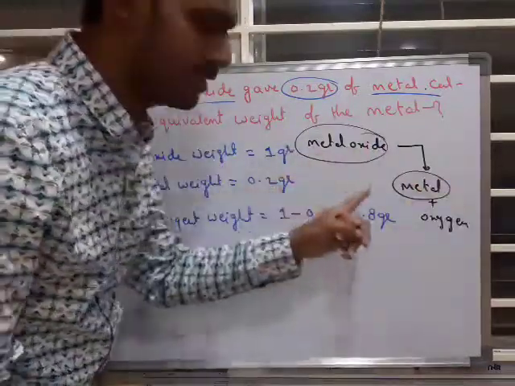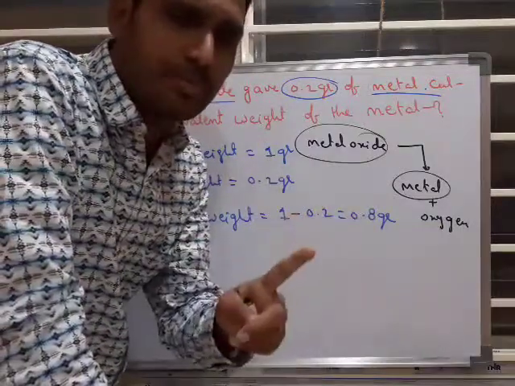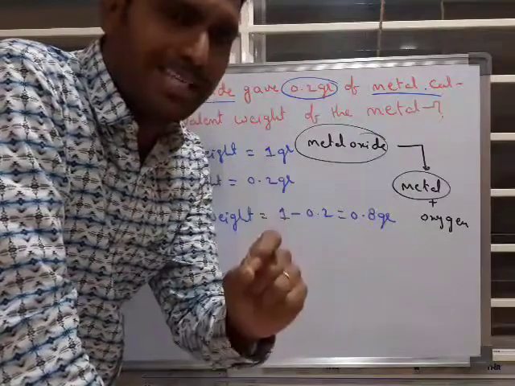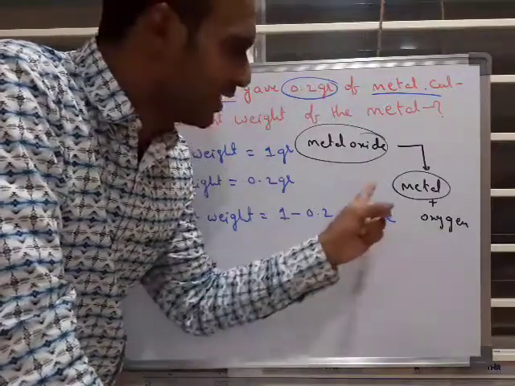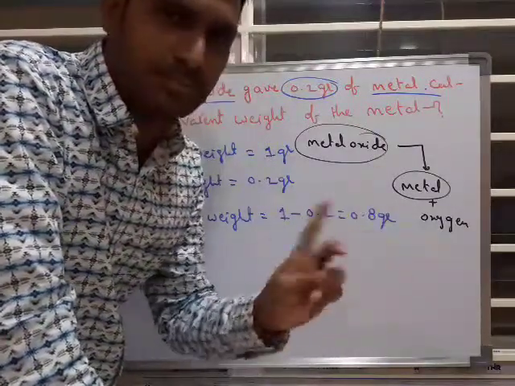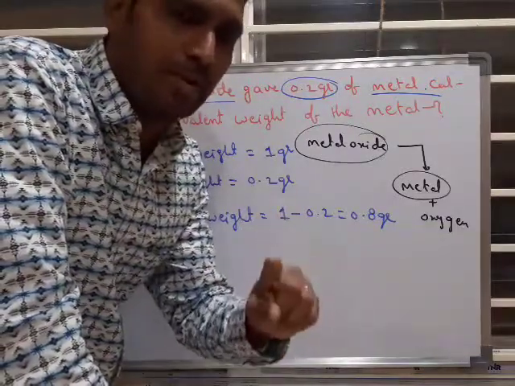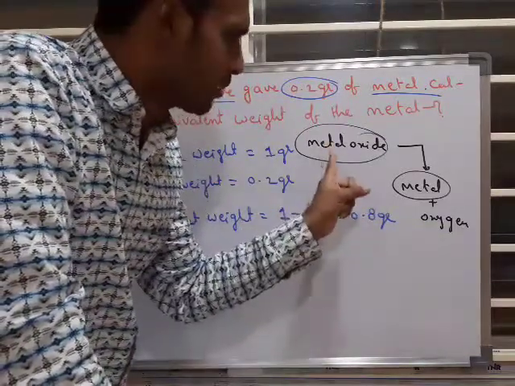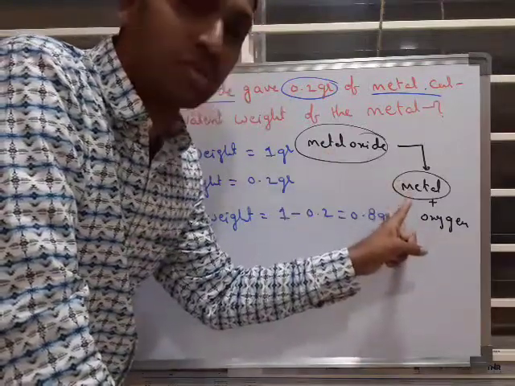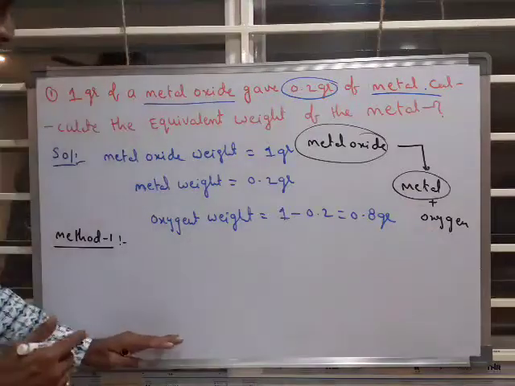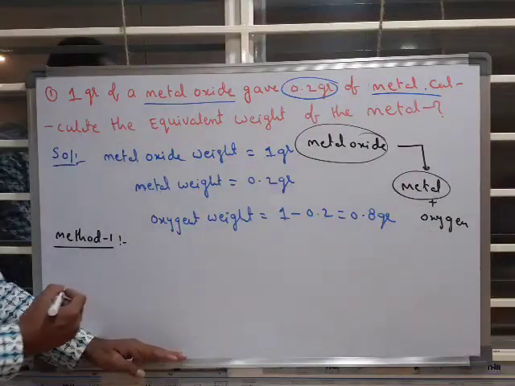There is a reactant, this is the product. For reactant and product we know the relation: milli equivalents of reactants is equal to milli equivalents of that product. Okay, so if we take the reactant, imagine just metal oxide, its milli equivalents are exactly equal to the milli equivalents of metal. So we can equalize the equivalents.